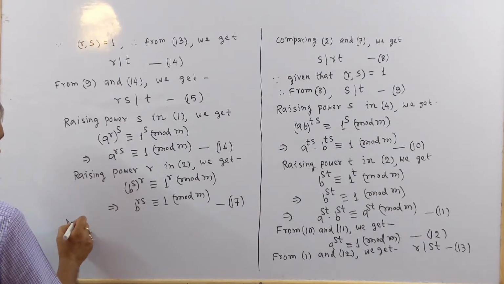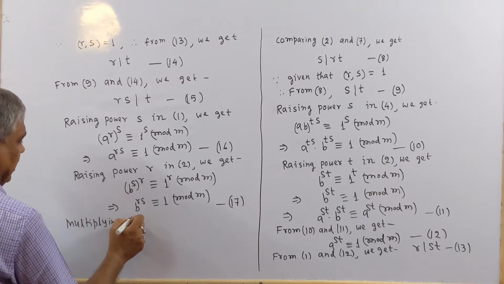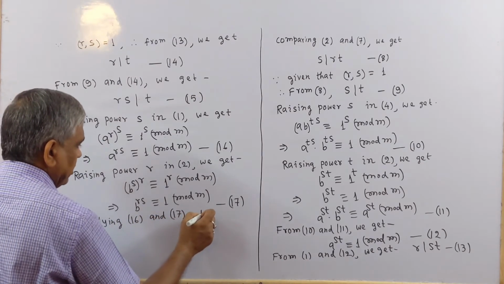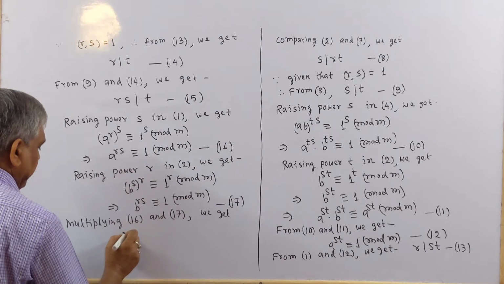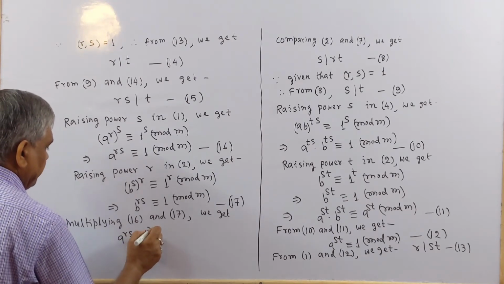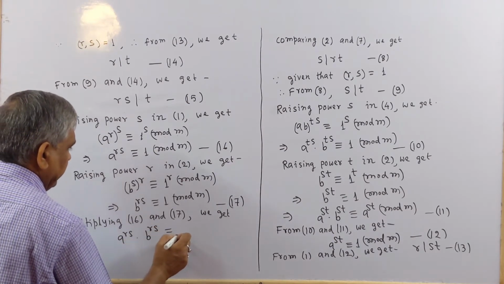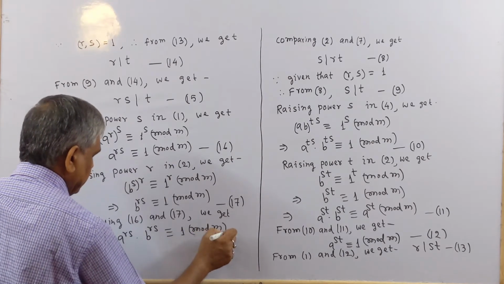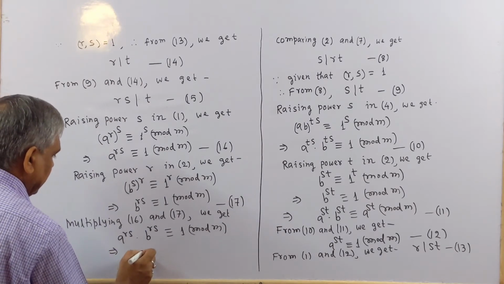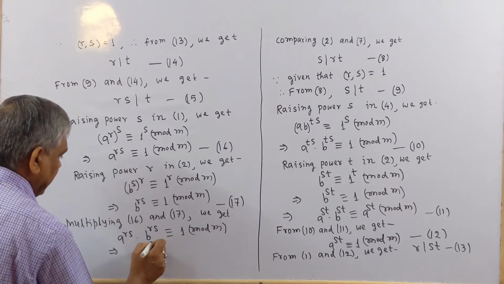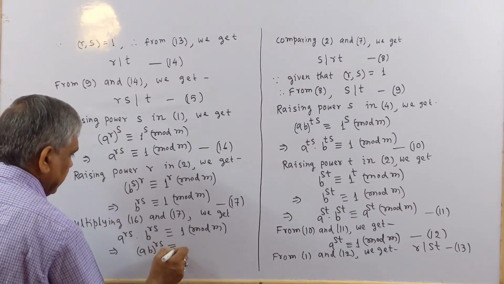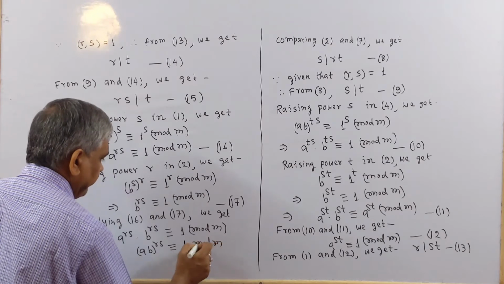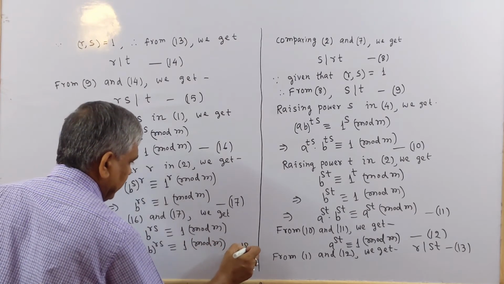Multiplying 16 and 17, we get a to the power rs multiplied by b to the power rs is congruent to 1 modulo m. Implies that (ab) to the power rs is congruent to 1 modulo m. This is number 18.